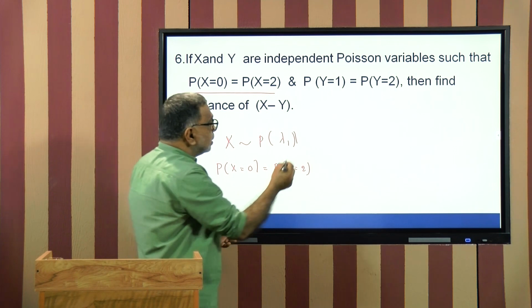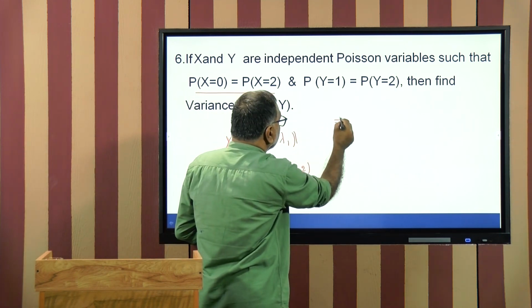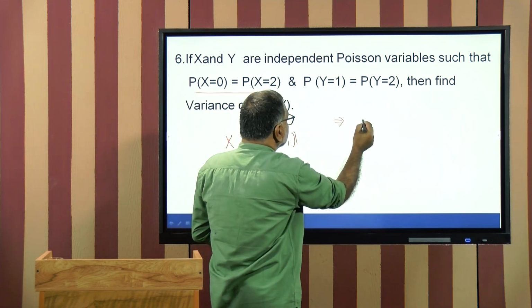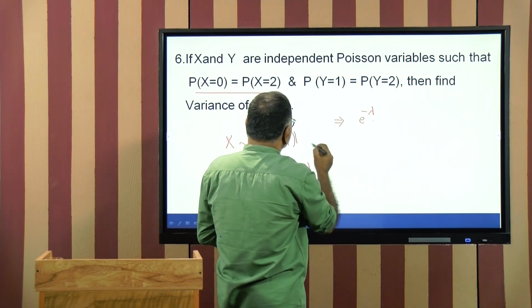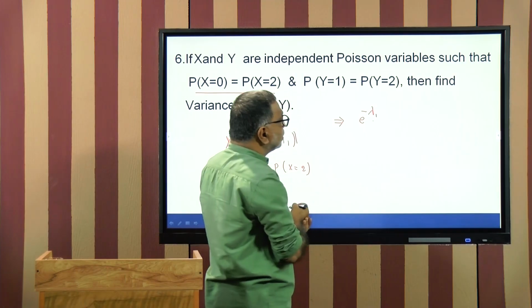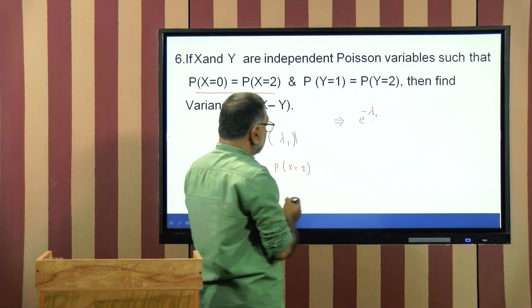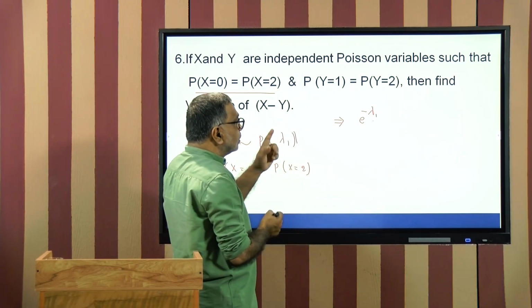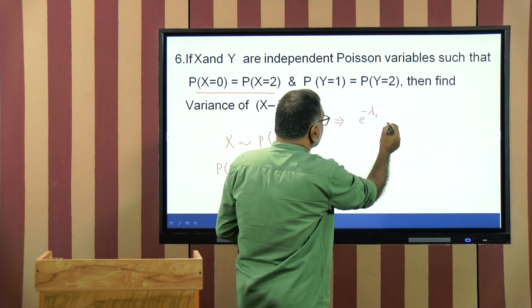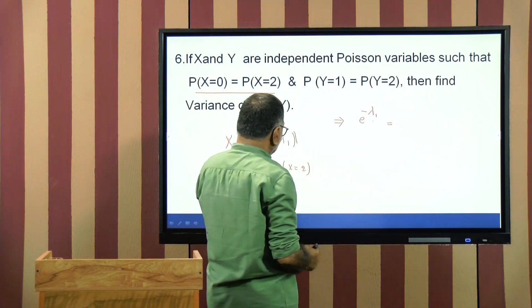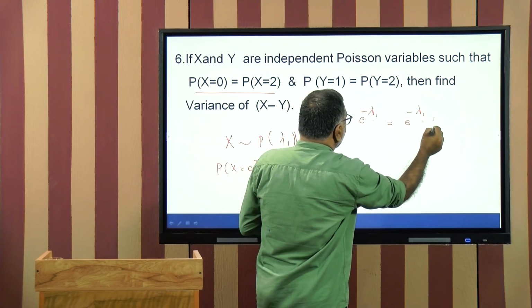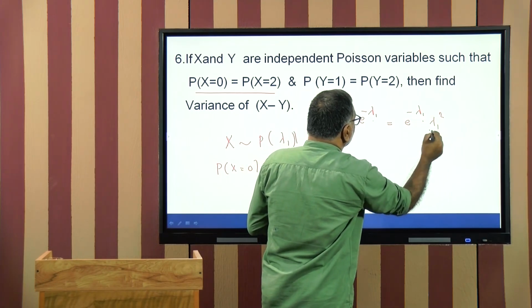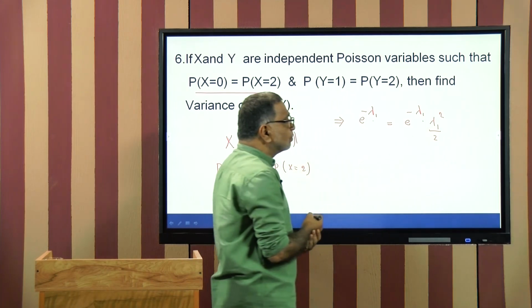And that simplifies: we get e power minus lambda 1, our parameter we assumed as lambda 1, into lambda 1 power 0 divided by 0 factorial, that is 1, equal to e power minus lambda 1 into lambda 1 square divided by 2 factorial, that is 2.